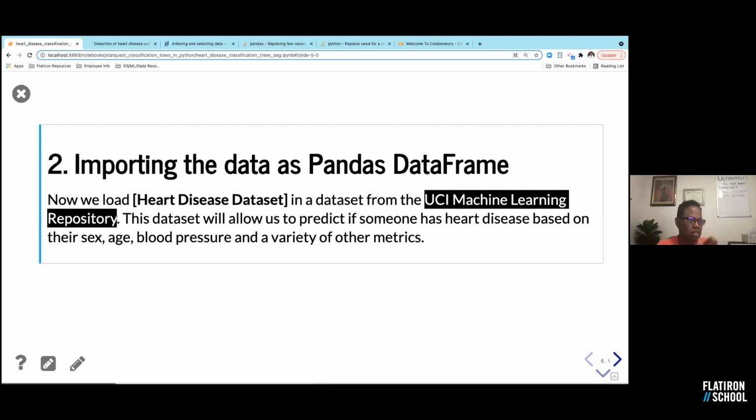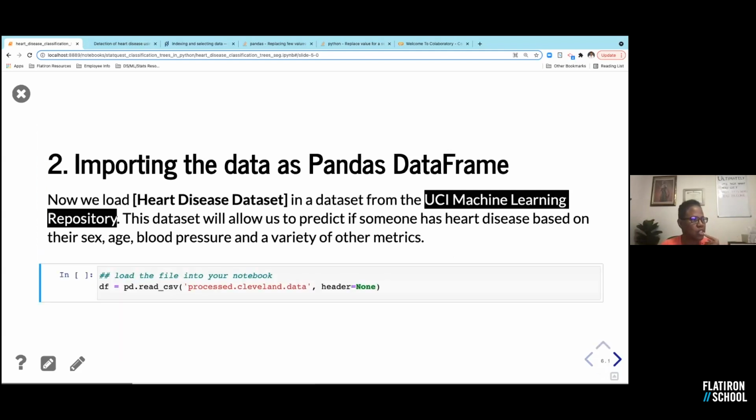So in this data set, we have information about patients: their age, their sex, blood pressure, heart rate, just a whole host of indicators that help us to then make a determination. We also have, of course, their outcome, whether they have heart disease or not. So that's what helps us to be able to make some kind of predictive modeling as far as this condition is concerned. So we use the syntax pd.csv.